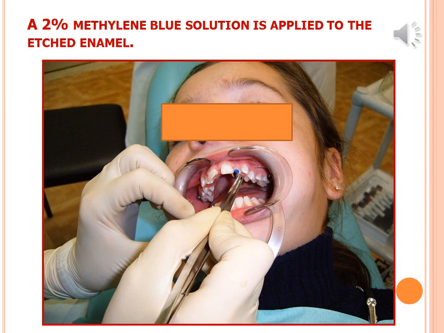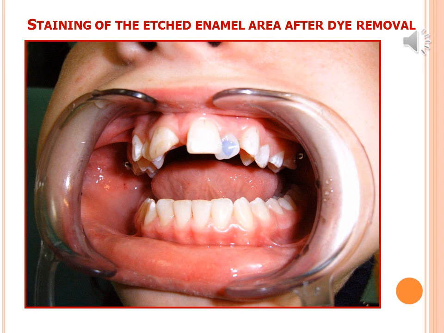Clinical case: a 2% methylene blue solution is applied to the etched enamel on the second incisor of the patient. Then you wash off the methylene blue with water, and you see staining of the etched enamel area after dye removal.